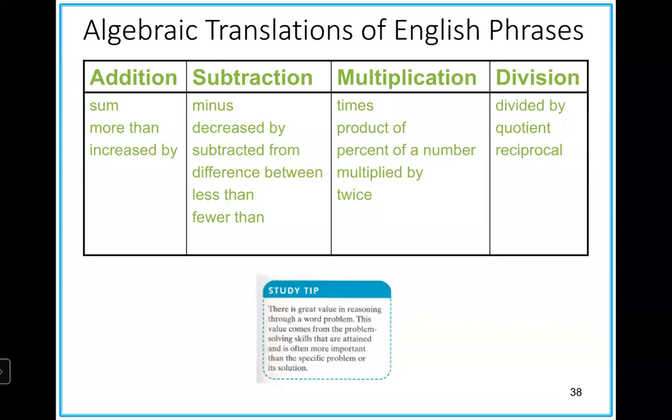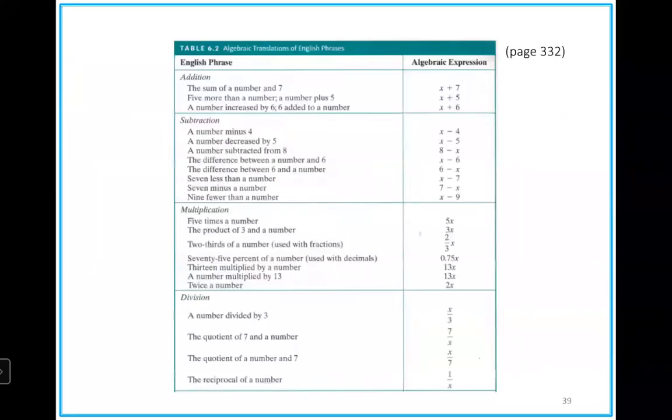So the greater value of being able to solve these type of problems is the development of problem-solving skills. Okay, and so that's the whole aim of it, and help us in dealing with some real-world problem solving in our everyday life.